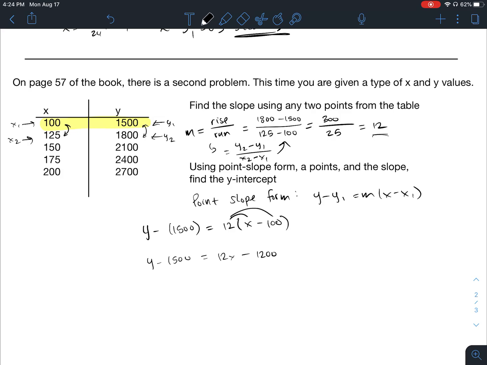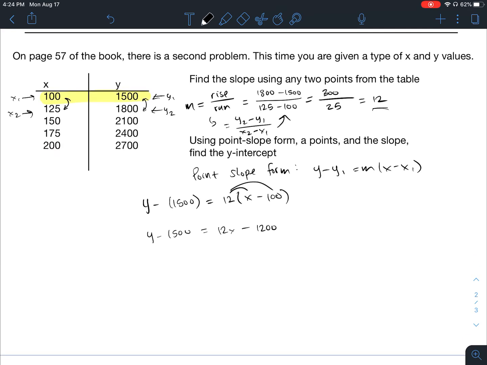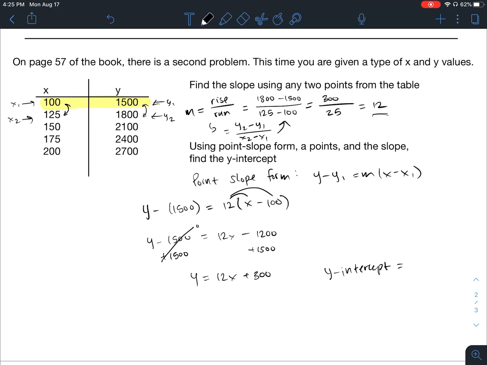To get it into slope-intercept form, we need y to be all by itself. So if we add 1500 to both sides, that goes away. So we're left with y on this side, 12x, and negative 1200 plus 1500 is 300. And there you go. Now what is our y-intercept? Well, just by looking at that equation, our y-intercept is equal to 300.